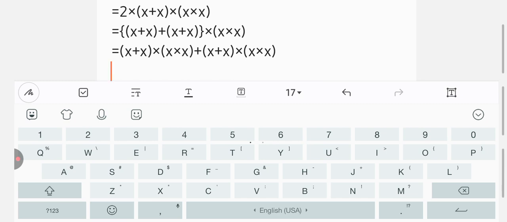Again let me explain. When you have 3 times 2 times a plus b, I'm talking about whole numbers, ratios are a different case.